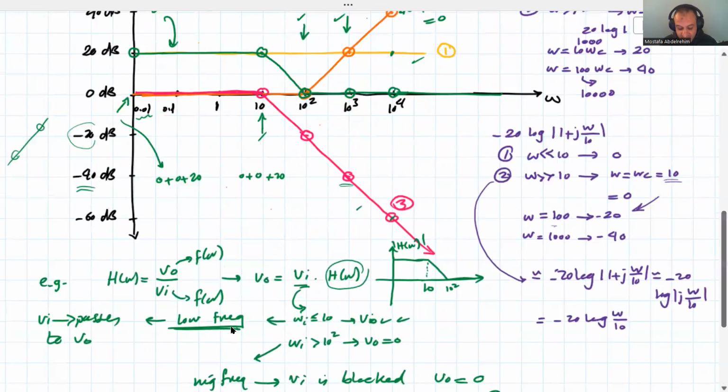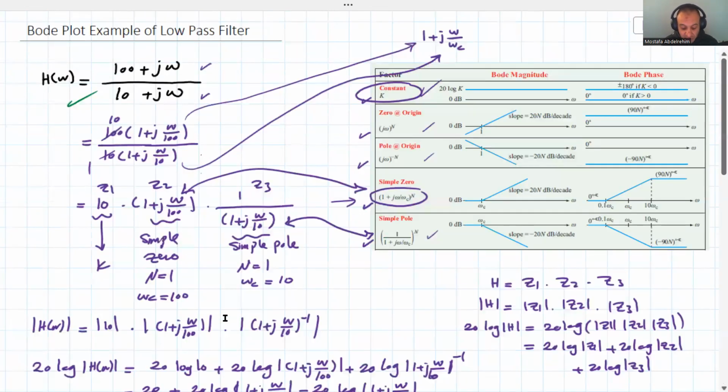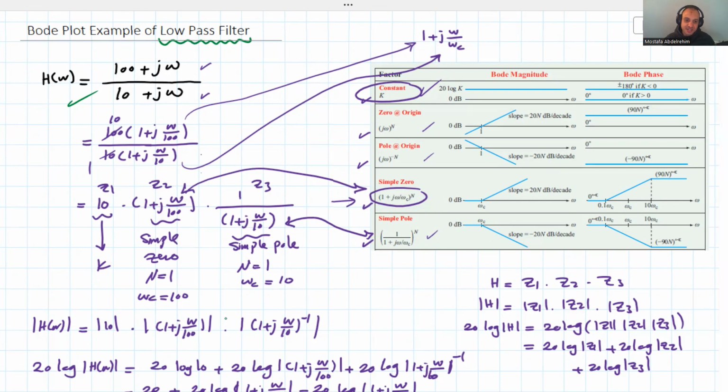That's why the title here is example of a low pass filter. That's a circuit that only passes low frequencies. It doesn't pass high. Okay, guys, that's basically why we are concerned with Bode plots and also H of omega, just to know the behavior of the circuit according to our input frequency, if it will pass it or reject it. That's why we care about all of that.